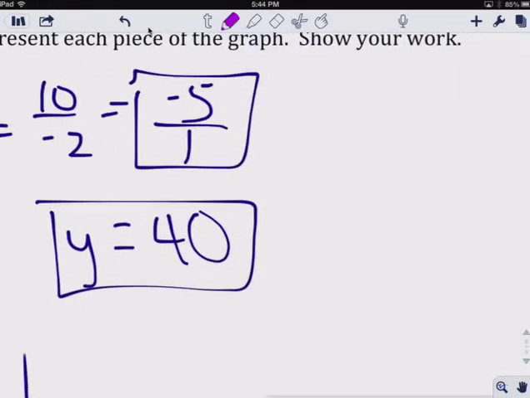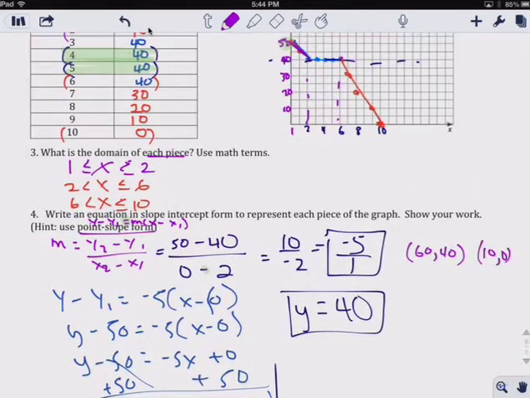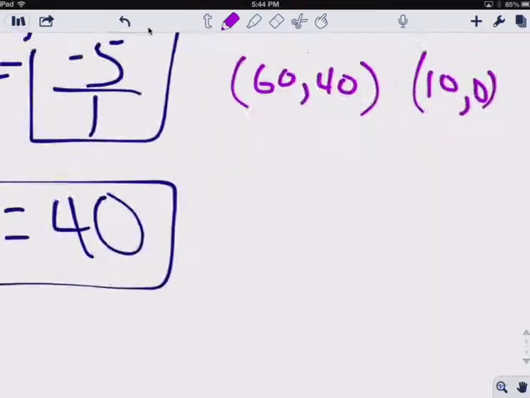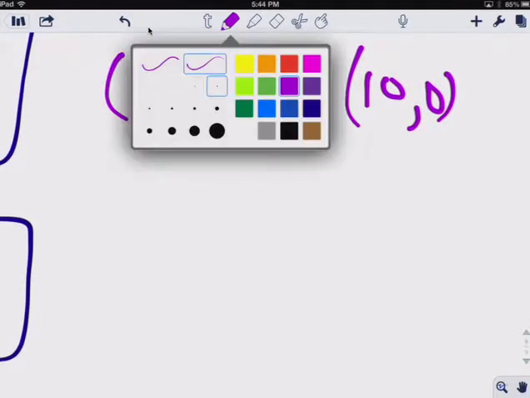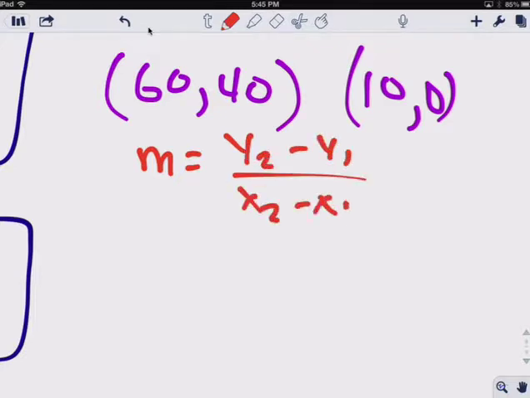Point slope, I'm going to put 6, 40 and 10, 0. Remember we need to start with slope. Slope is y2 minus y1 over x2 minus x1.